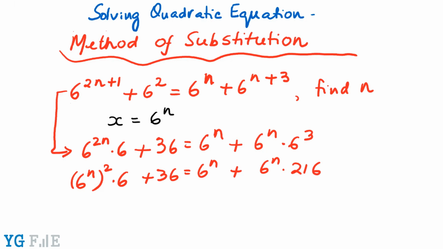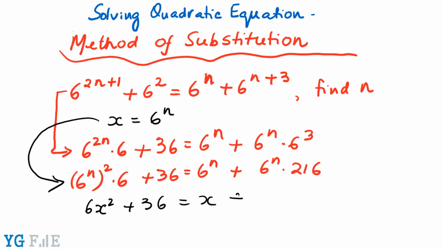So let's put the coefficients on the left side the normal way, and now we will substitute for x into this one. So what happens is I will get 6x square plus 36 equal to x plus 216 times x.